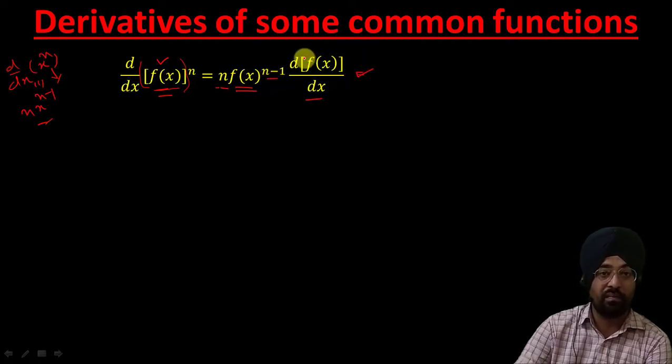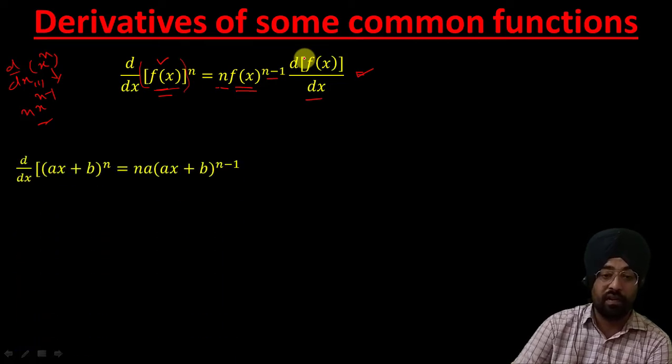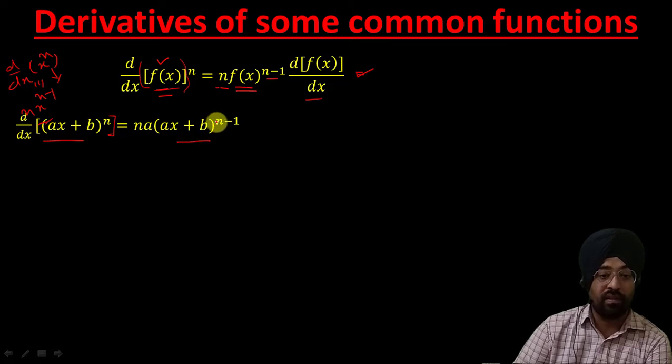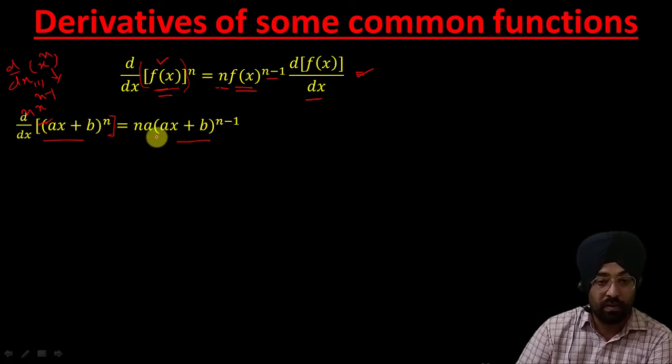Now with the help of this formula we will prove that the derivative of (ax plus b) raised to the power n is equal to na (ax plus b) raised to the power n minus 1. So we have to prove d by dx of (ax plus b) raised to the power n is equal to na (ax plus b) raised to the power n minus 1.